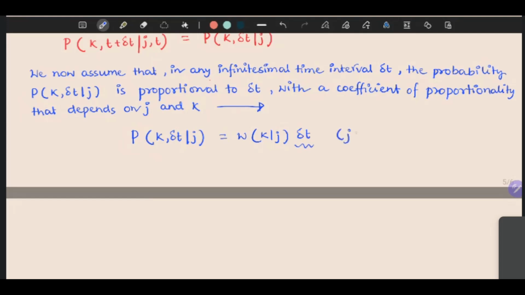This is where J is not equal to K. So that we can write this, because that is what the transition rate is.